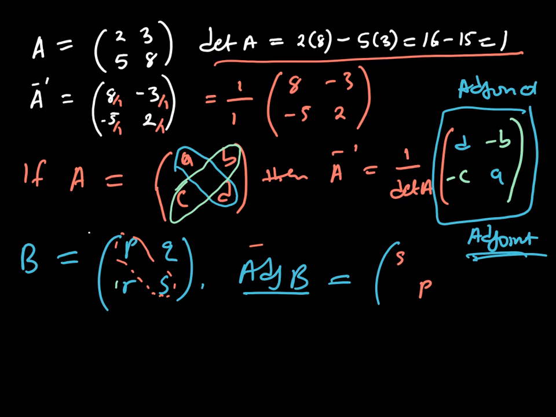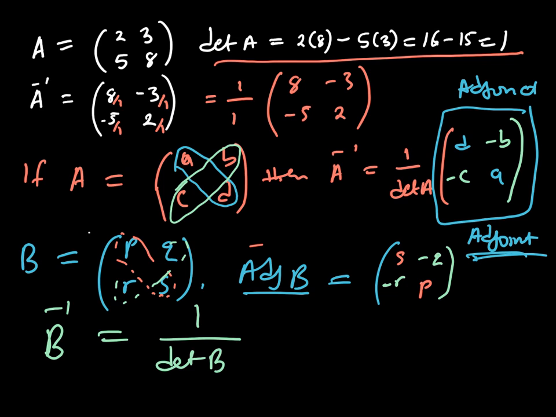Then these two only change sign. So I have minus r and minus q. That's the adjoint. And if you have to get the inverse of B, what you do, you write 1 over the determinant of B times the adjoint, which is s, minus q, minus r, and p.